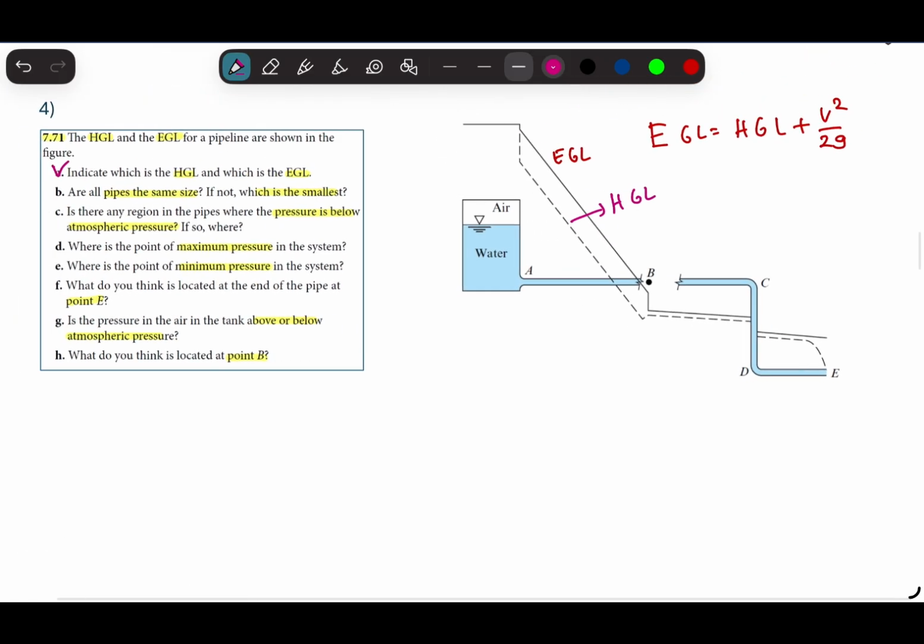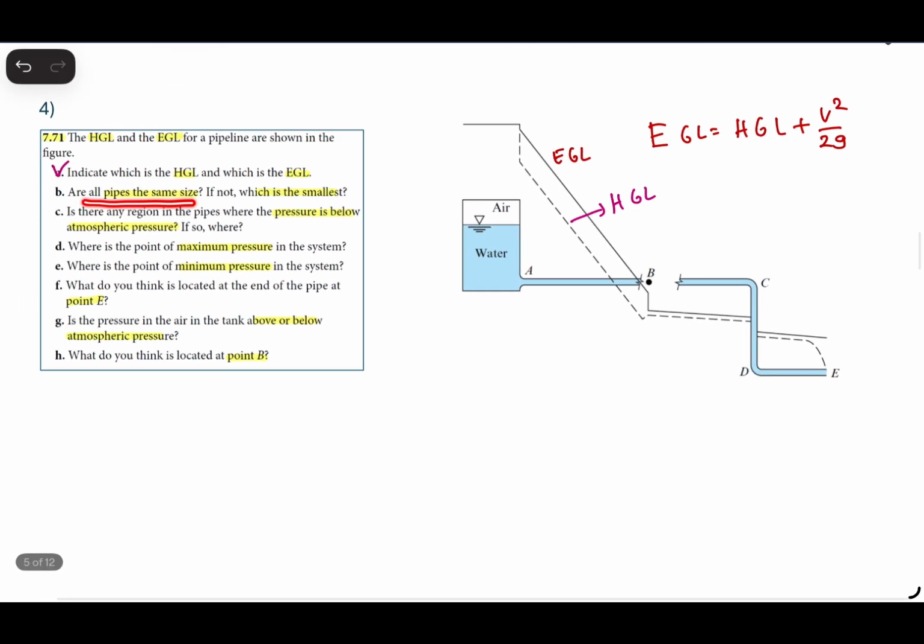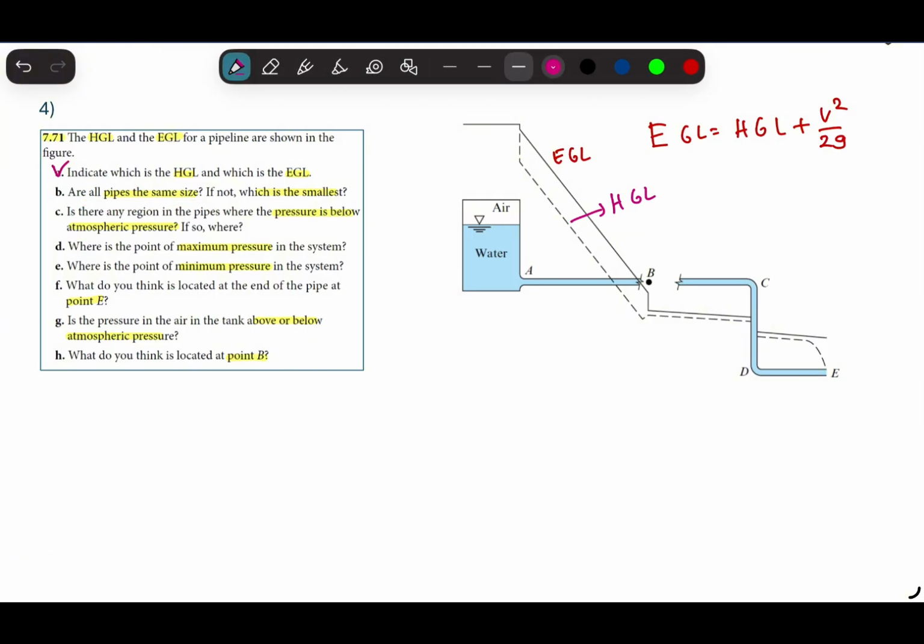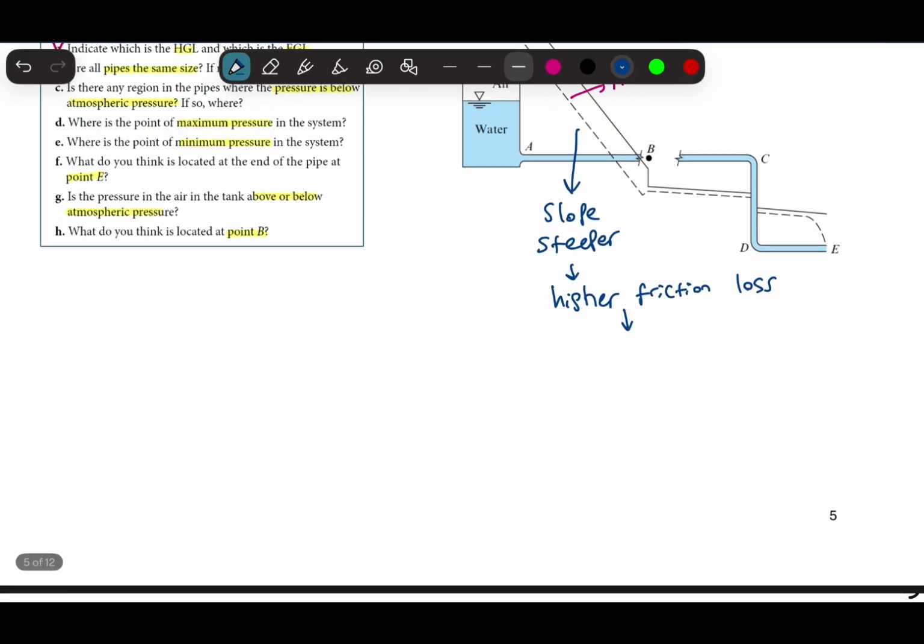In the second one, it asks which pipe is smaller or if they are the same. Here we can say that the slope is steeper here. This means higher loss, higher friction loss. And higher friction loss comes from velocity inside of its equation, so it means higher velocity.